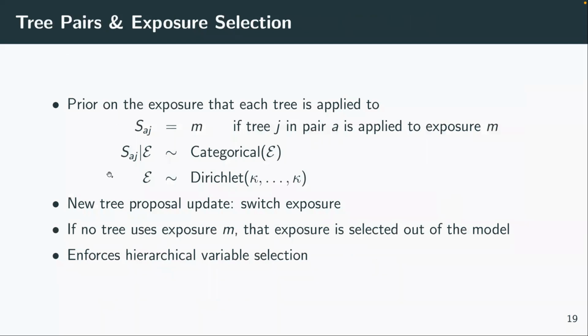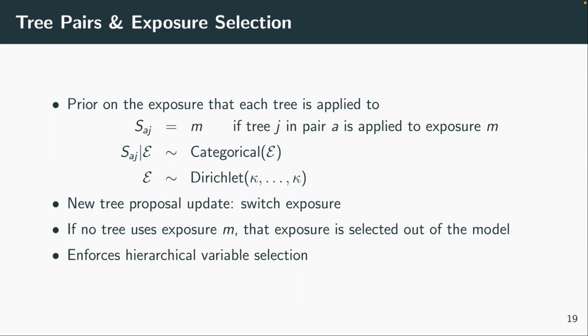So this is just saying in math here that S_ij equals M if tree j in pair i is applied to exposure M, and we put a prior on that. We add to the BART algorithm this new step, this switch exposure step.